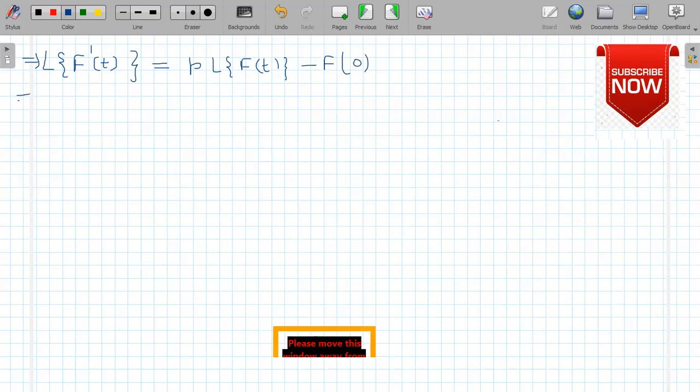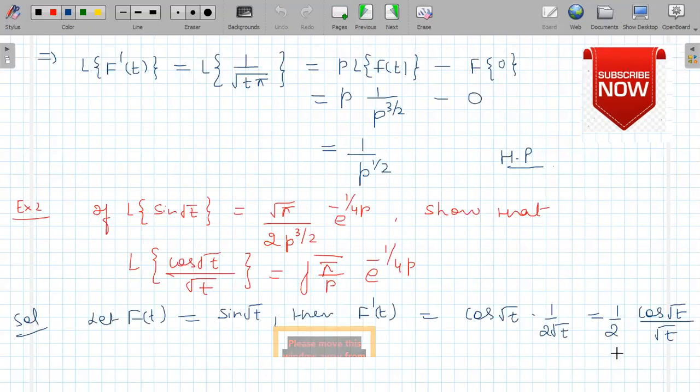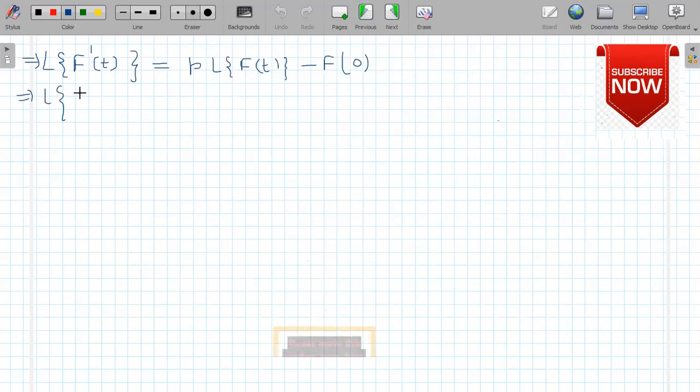Now we put here the value of f dash t, that is obtained as 1 upon 2 cos of square root of t upon square root of t.